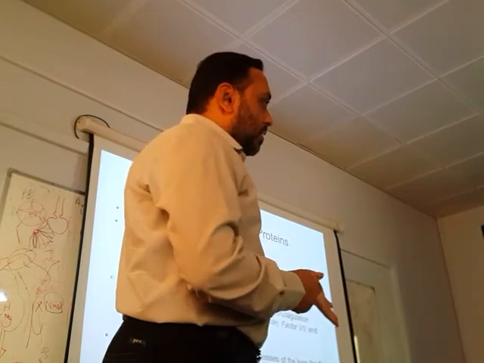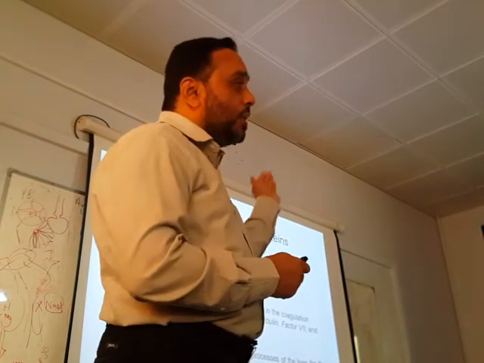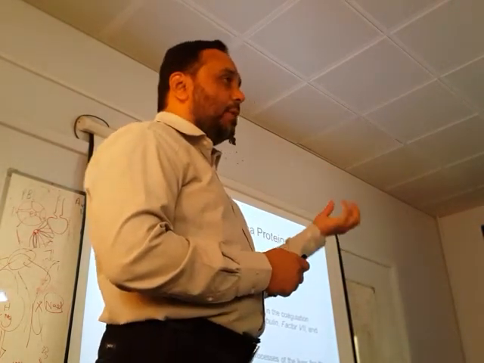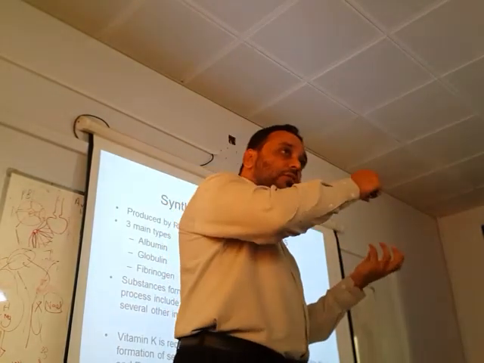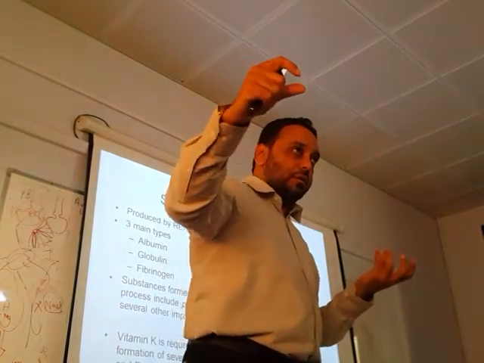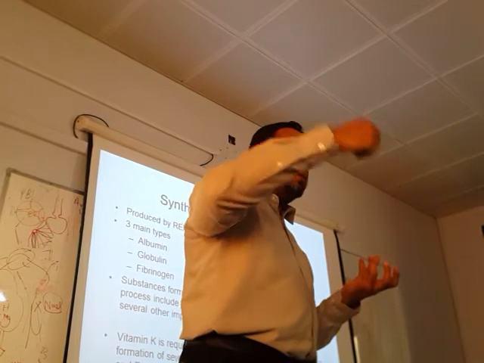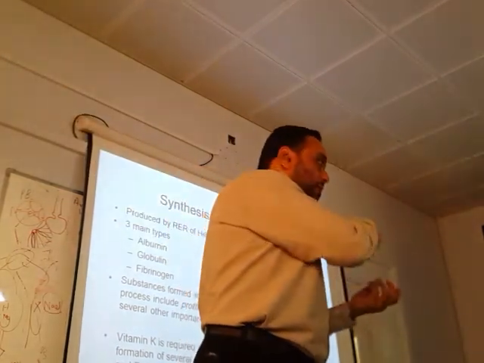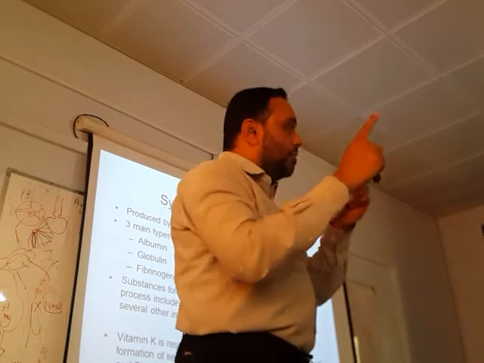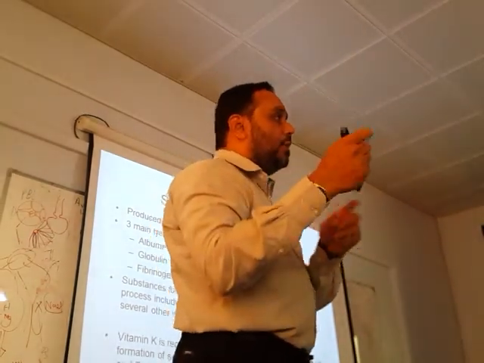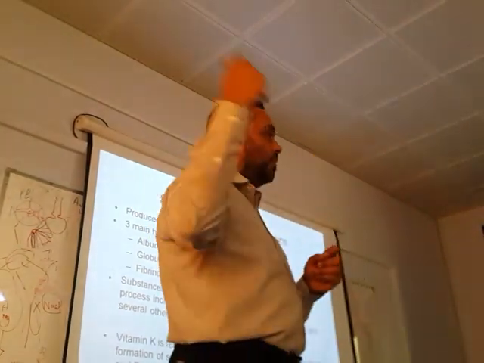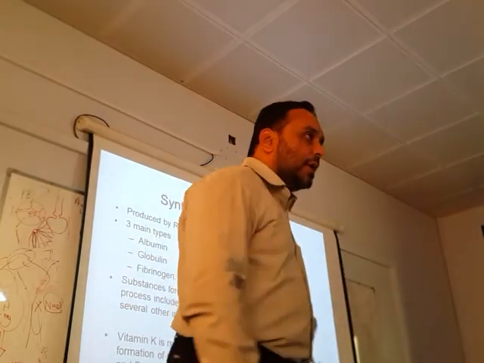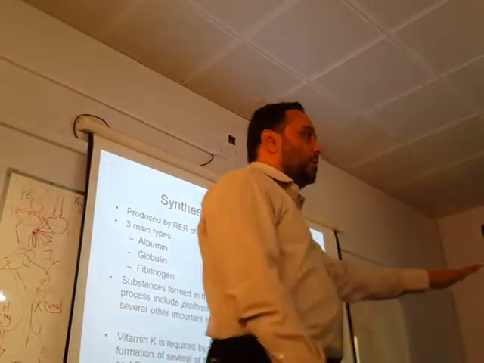The pathway is through vitamin K. Vitamin K has to be there for the synthesis of these substrates, which are essential for blood clotting. If vitamin K is deficient, there will be improper production of the substrates necessary for clotting, like prothrombin, factor 7, 9 and 10.